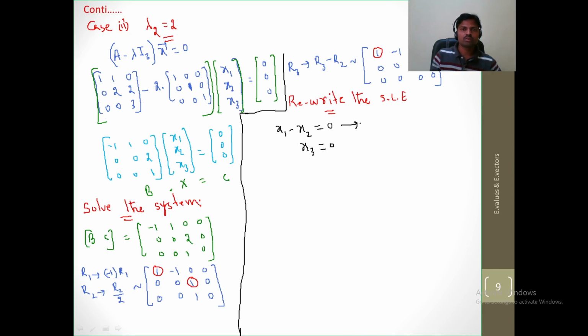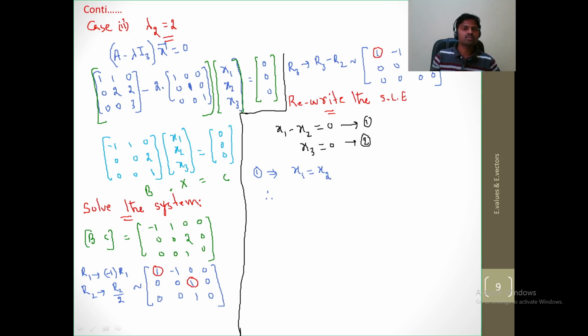Call this equation number 1, and this equation number 2. Now look at equation number 1, which implies x1 is equal to x2, right? x1 is equal to x2, so both should be the same. Therefore x3 is 0, directly I got the x3 value 0.